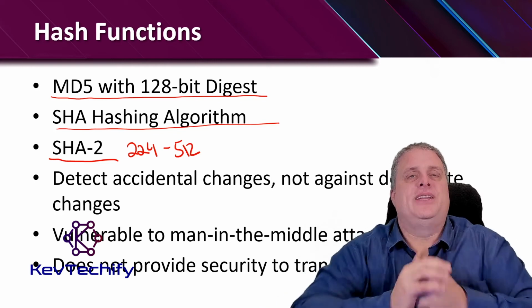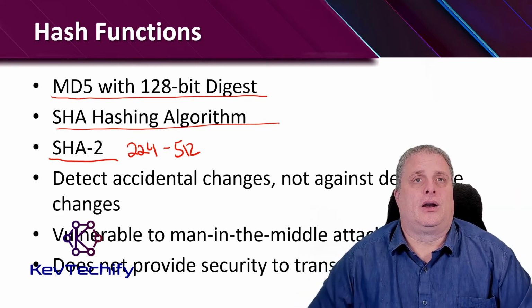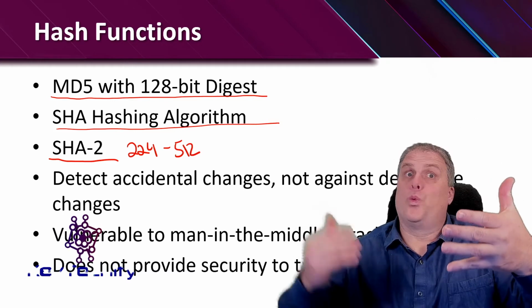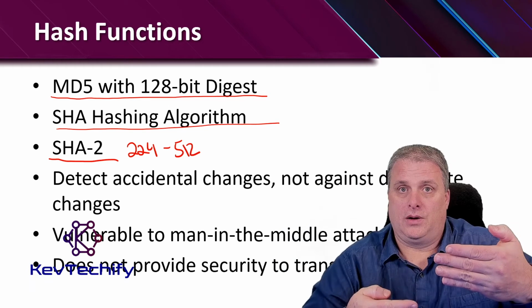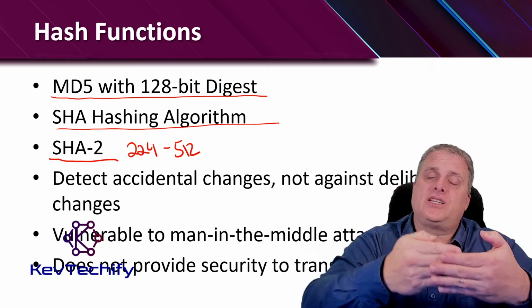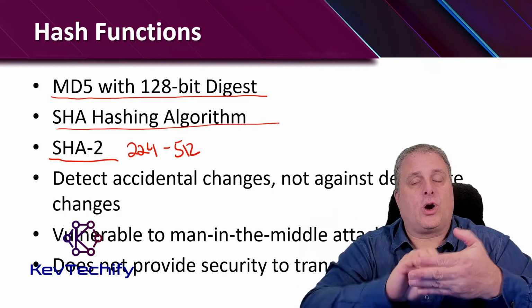But if somebody deliberately changes it, intercepts your message, changes the message, recomputes that hash number, right? Then that hash number matches that new message that has been altered.